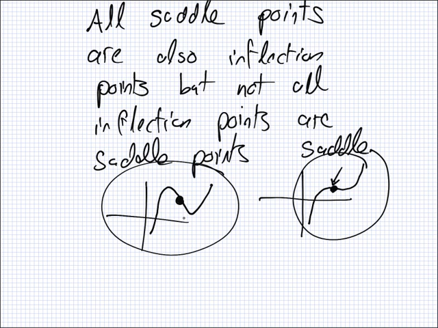Saddle points are interesting because they sometimes make us think we have a maximum or a minimum, but then we realise we don't, with a saddle point. And inflection points are interesting because they represent a point in the graph where the behavior has changed. So, like in biology or something, maybe you have some process that reaches a point and then changes into something else.